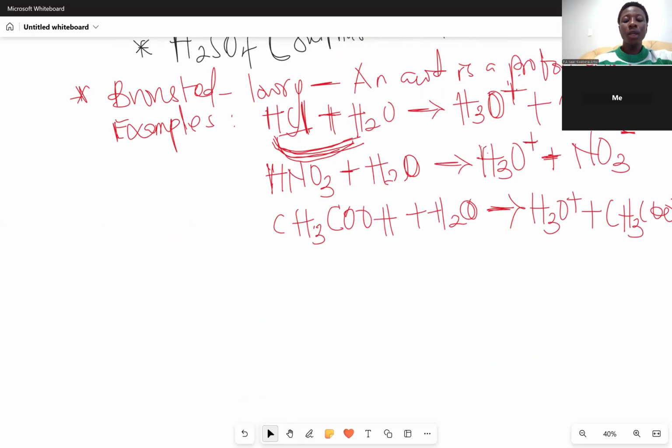Yeah, so we are looking at Lewis acid. For Lewis acids, we will not throw more light on it because for integrated science, you just have to know the definition.